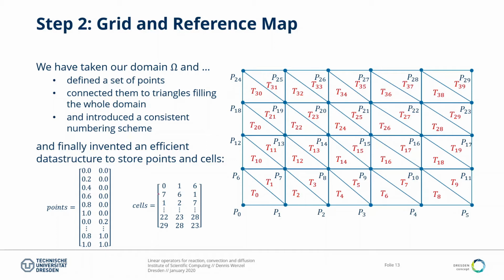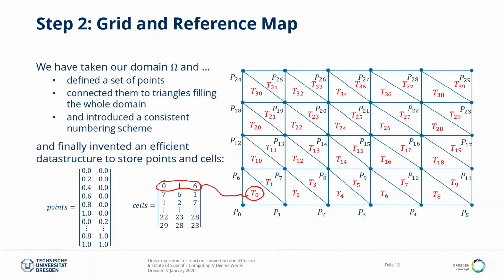If you look in row 0 of this cells array, then this corresponds with the cell T0 here. And then there is the fixed numbering 0, 1, 6. And if you talk about the next line, then the numbering is 7, 6, 1, such that we always have the longest edge opposing the first point. So the longest edge of a triangle is always the one opposing the point that occurs first here.